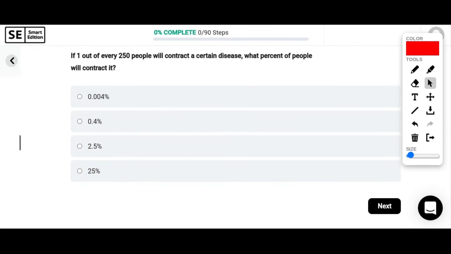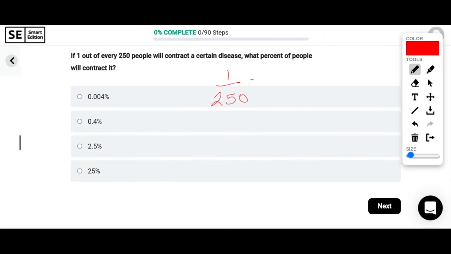Okay. If 1 out of every 250 people will contract a certain disease, what percent of people will contract it? So 1 out of every 250 people. We want to know the percent. So 2 ways to do this.